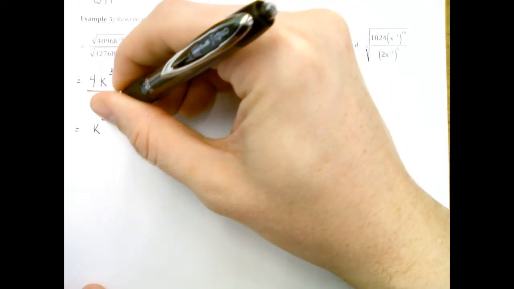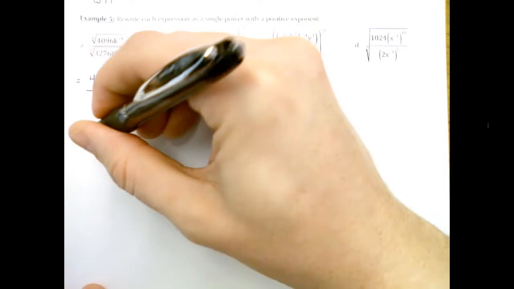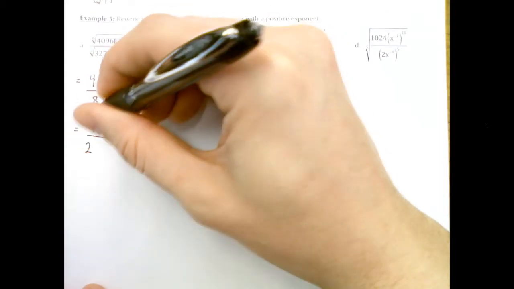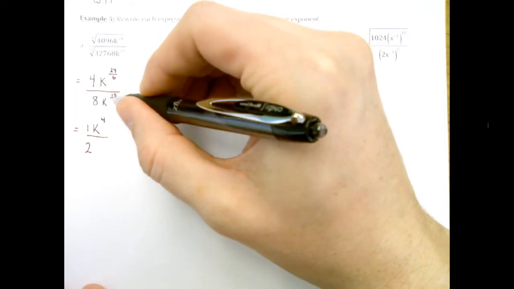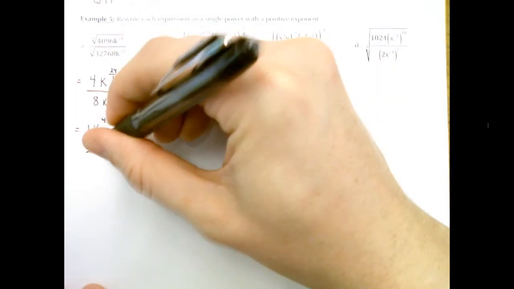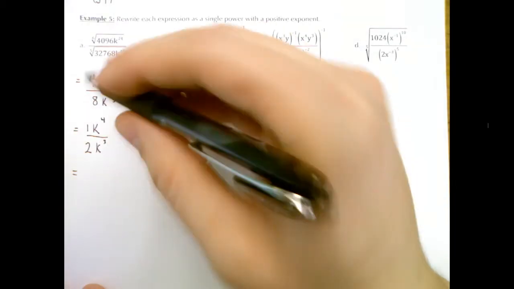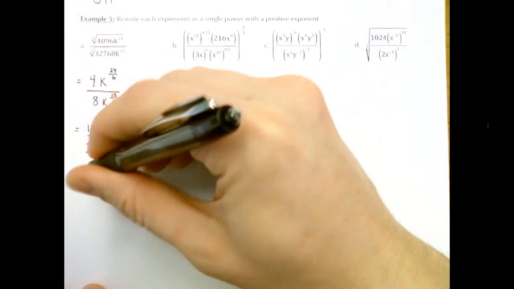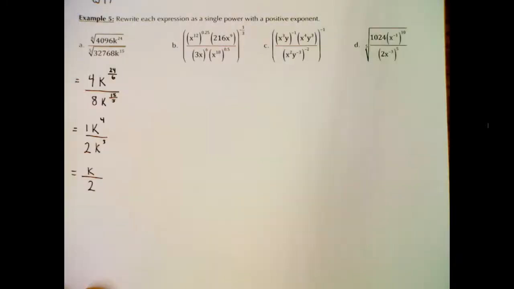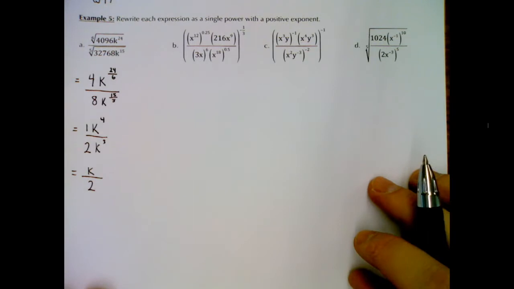And 24 divided by 6 is 4. 2's on the bottom, 1 over 2. I'll write the 1 just so you can see it. And then 15 divided by 5 is 3, so we got k to the exponent 3. And one last step, k to the 4 divided by k cubed. Subtract the exponents, we get k on top and 2 on the bottom. Here we go. Not too bad.